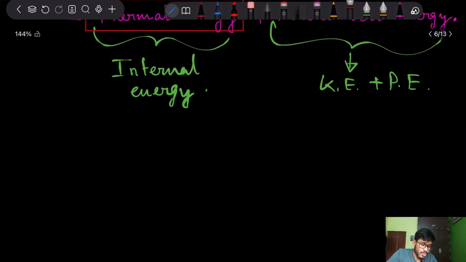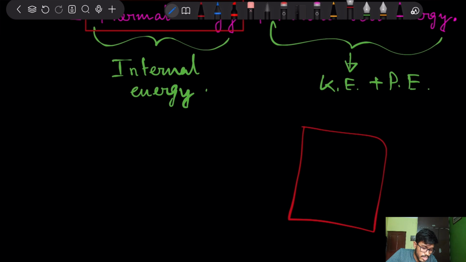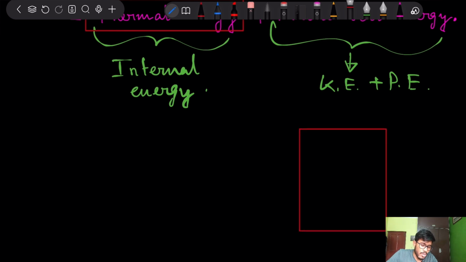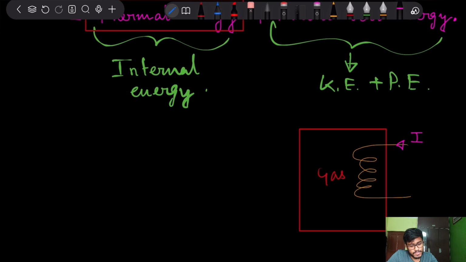If I am having a solid, liquid or gas, anything, maybe a gas, and I am having a wire inside this, and I am flowing a current I here.